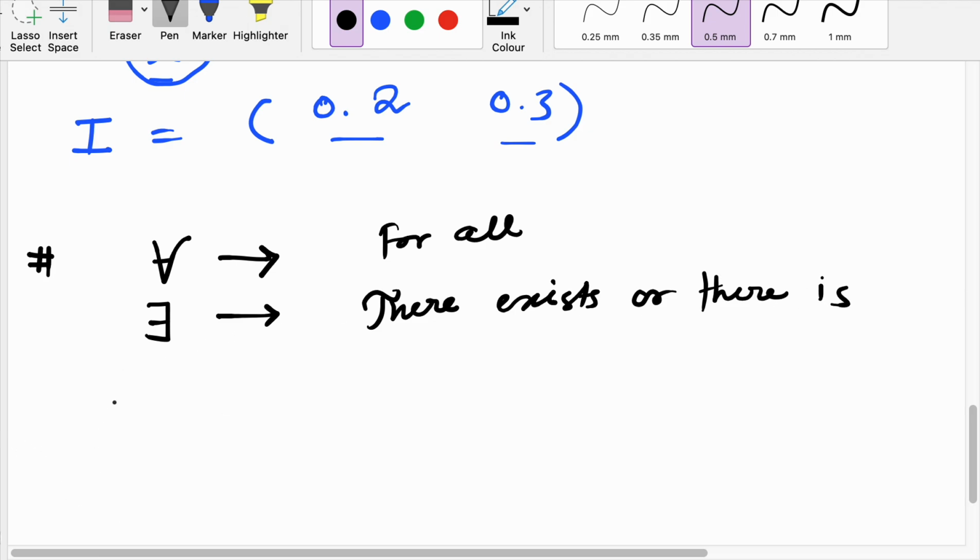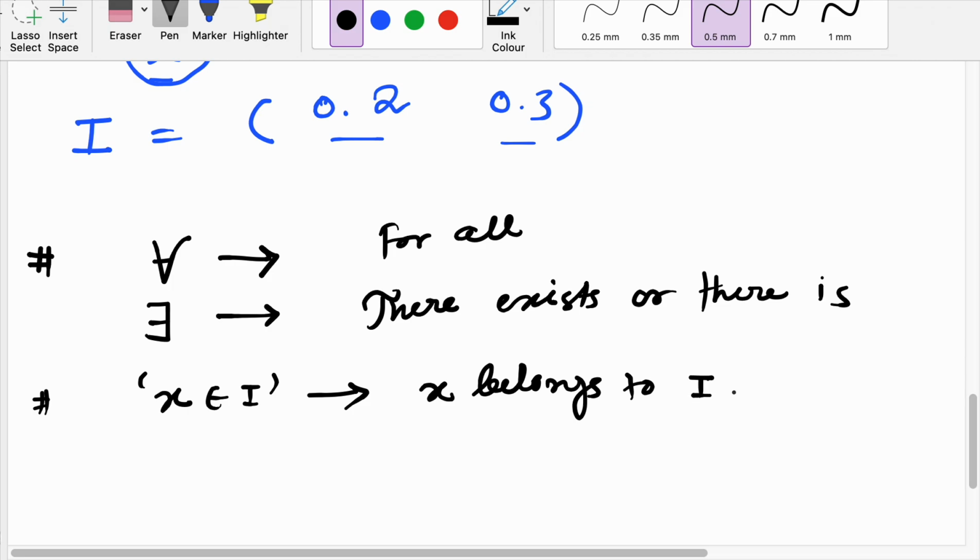This symbol means x belongs to I, and this symbol means that I contains x.